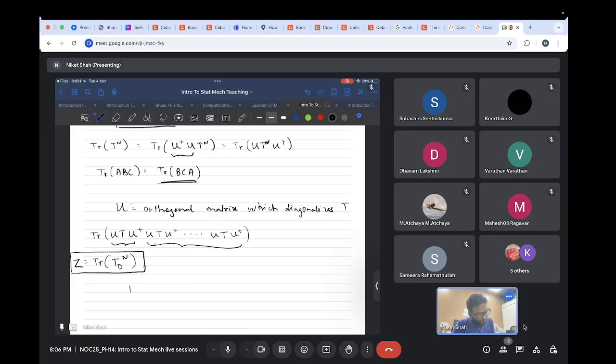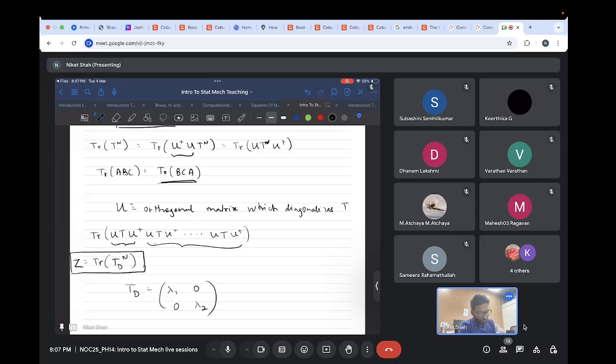Now I know that the diagonal form of any matrix has its eigenvalues in the diagonal and the other terms are zero, right?